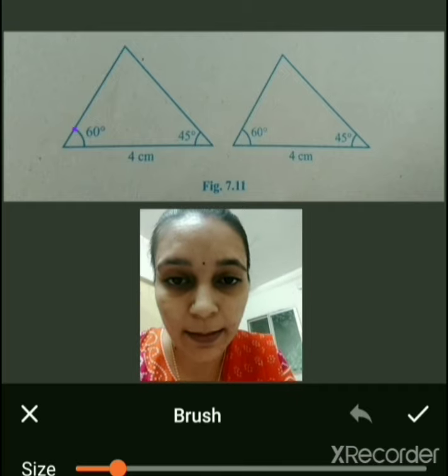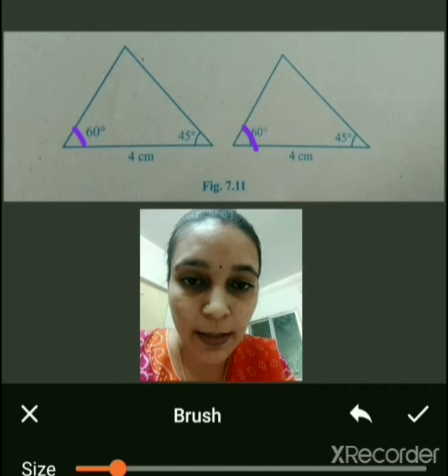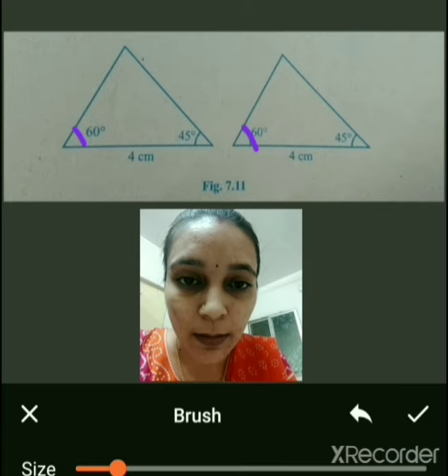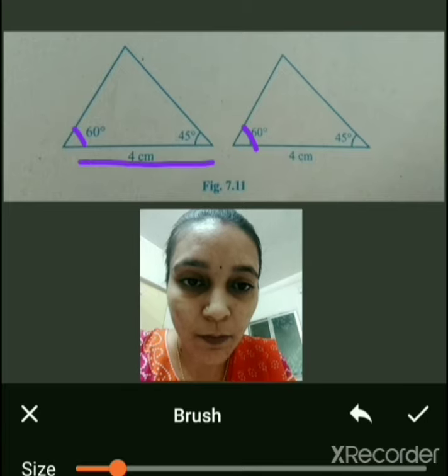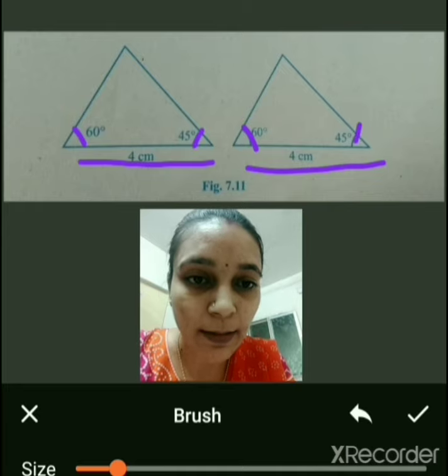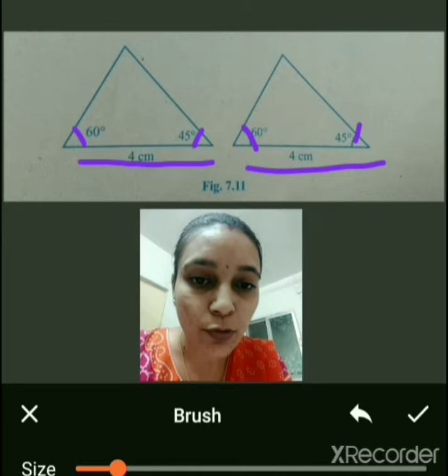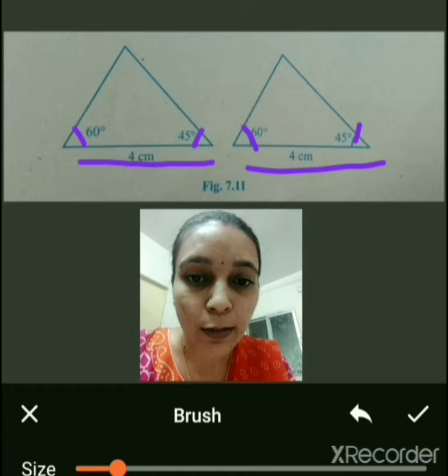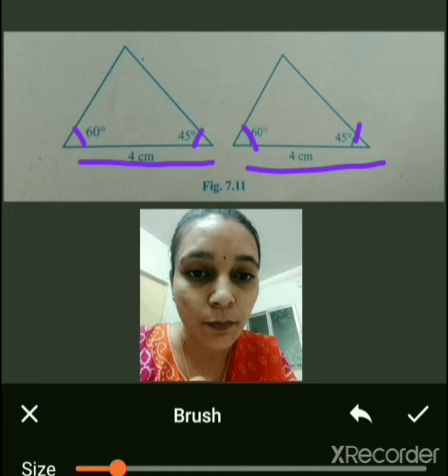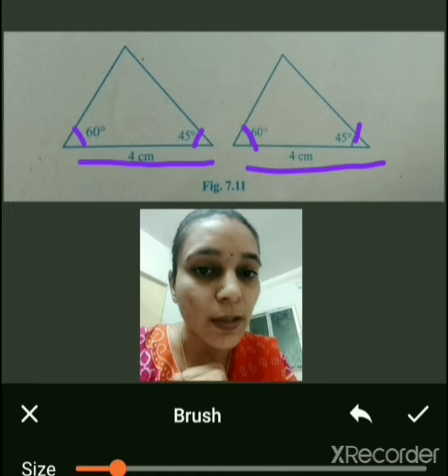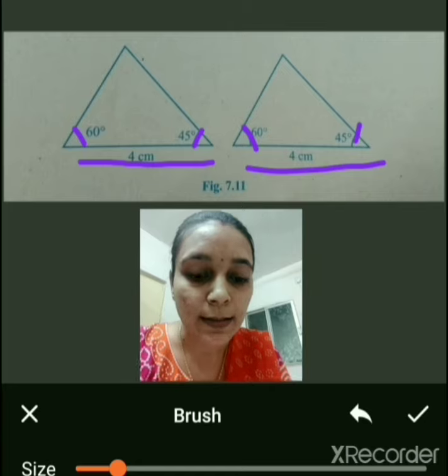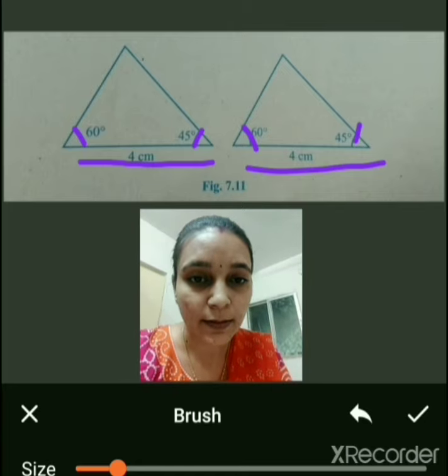You can see this angle of 60 degrees in both the figures, and the corresponding side of 4 centimeter, then the third angle. If two angles and the included side of both the triangles are equal, then you can say both the triangles are congruent.